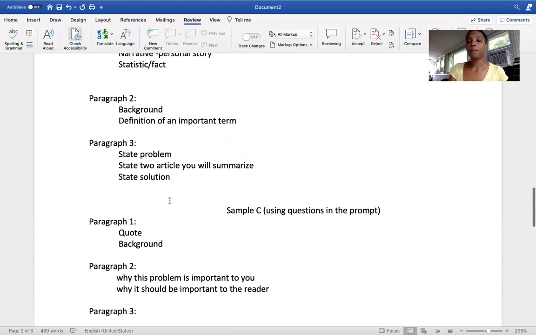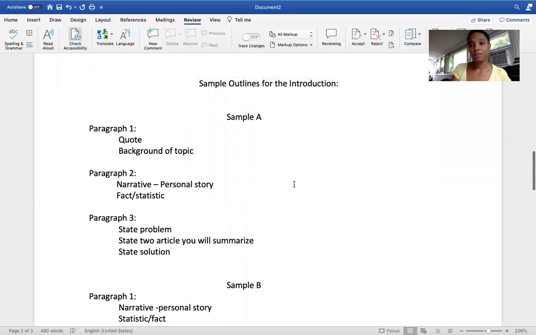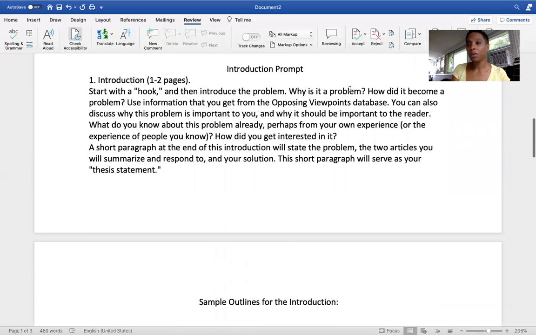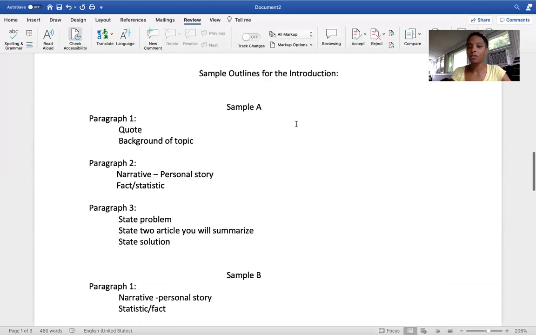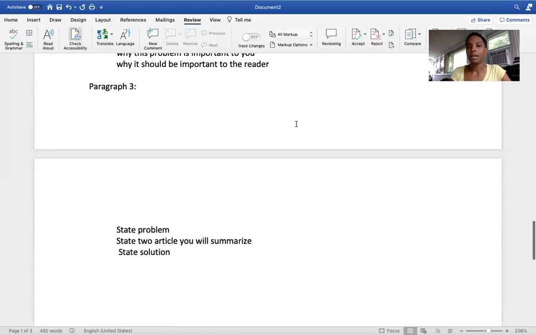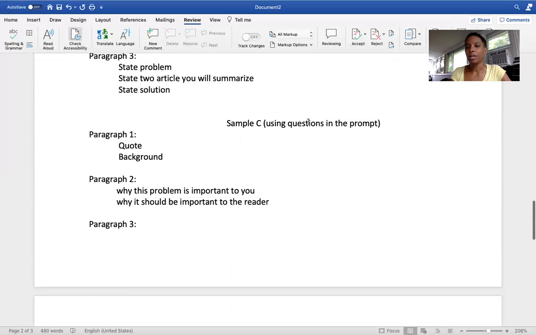Here's my sample C, and this one is a little different because the outline is constructed using that series of questions that Brian Good kind of posted here. So these questions could be a guidepost. You can structure your introduction around: why is it a problem? How did it become a problem? Why is it a problem that's important to you? Why should it be important to the reader? So that's what I did in this last introduction outline.